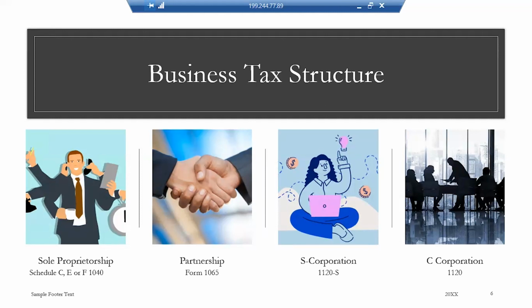Whenever we do our first meeting with someone, if you have a federal tax ID number, I need the number, but I always ask to see that letter that you get from the IRS. The reason I do that is that form will tell me which of these 4 categories you fall into.